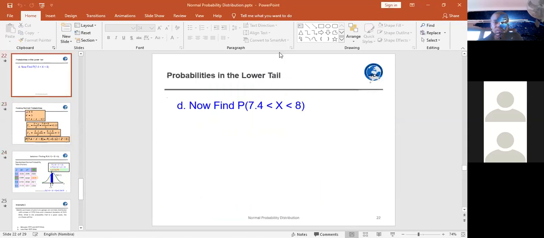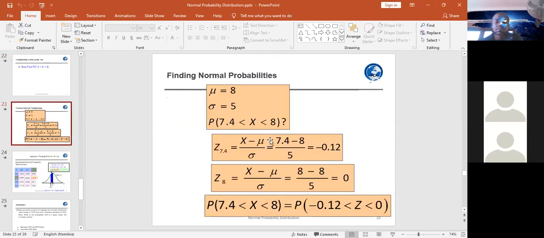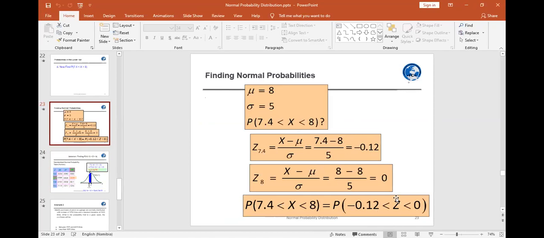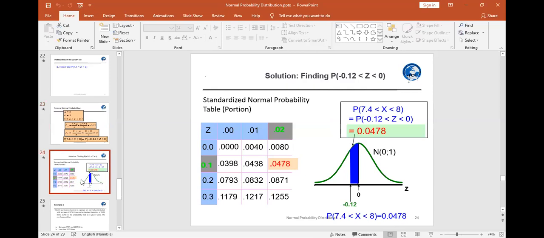So we say 7.4 minus 8. Remember, these 8 and 5 are constants. Here we are getting a negative: negative 0.12 to 0. This is similar to the other one, only that now you are on the left side of your normal curve. The probability will remain the same. In the previous one, we were on the right.